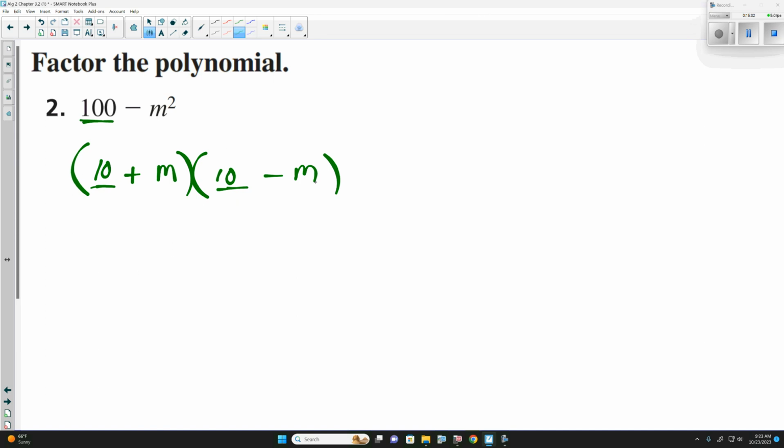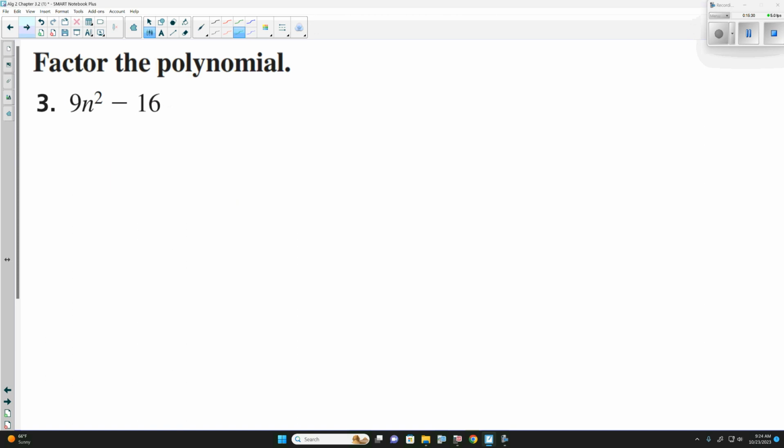We don't necessarily have to have the m first, so we do have this here. Now technically, even if you did write it as m plus 10 times m minus 10, you would be halfway right. Because 10 plus m and m plus 10 are the same thing. But the second one would be a little bit off. Questions on this here? You're starting to get the hang of how this works.